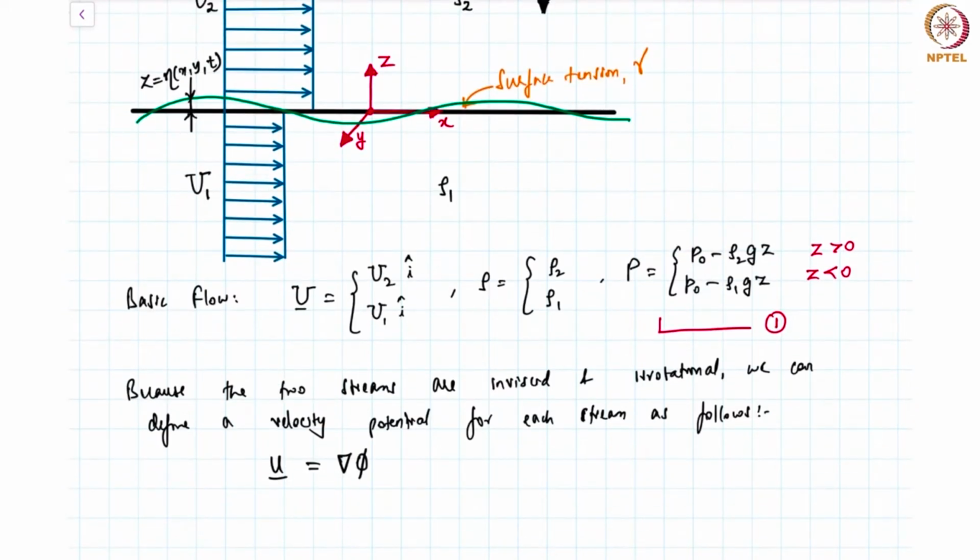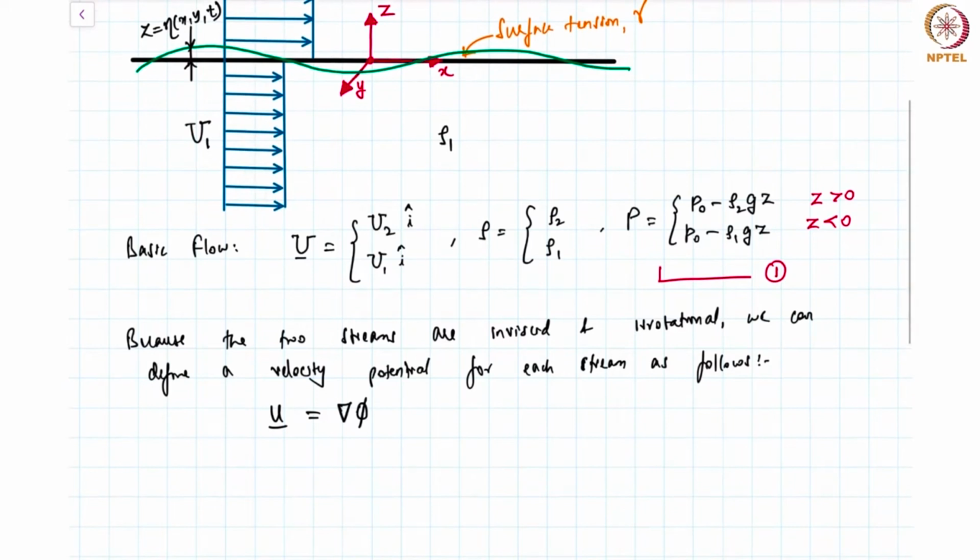So once I have this velocity potential, I can now say phi is phi 2 for z greater than eta and phi 1 for z less than eta. Meaning for the upper stream it is phi 2 and for the lower stream it is phi 1. So we will label this as relation 2.